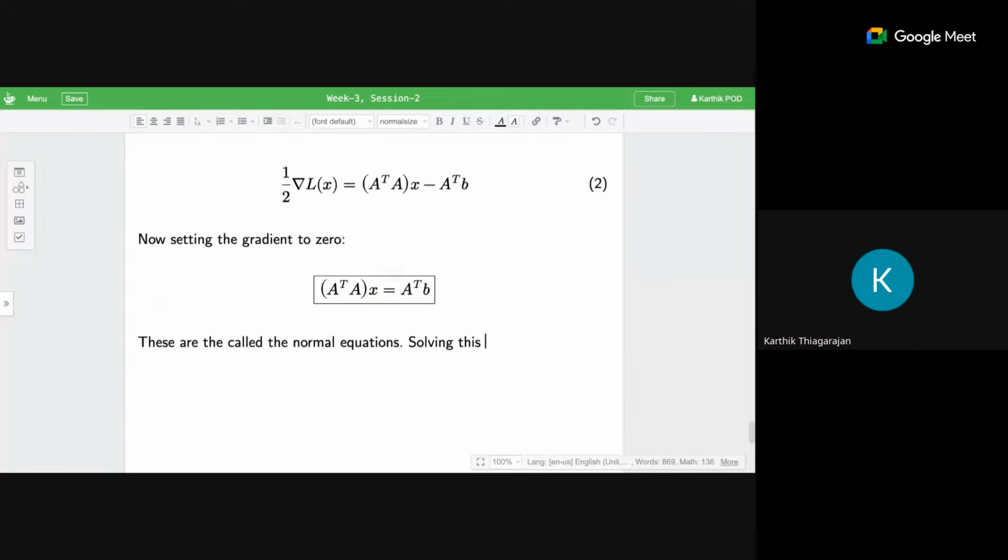Solving this will give you the solution to what is called the least squares problem. This is a very, very important problem in multiple branches of science and engineering, and of course math. The solution is called the least square solution or least square estimate.